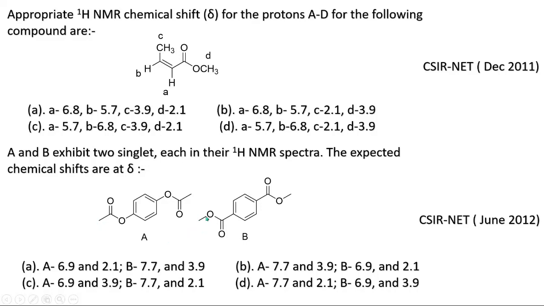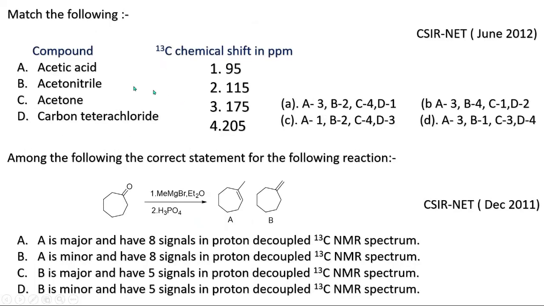I have already mentioned this is due to the electronegative oxygen atom versus the less electronegative carbon atom. So this much is enough for this question. The answer is A: 6.9 for these 4 protons and 7.7 for these 4 protons, 2.1 for these protons and 3.9 for these protons.